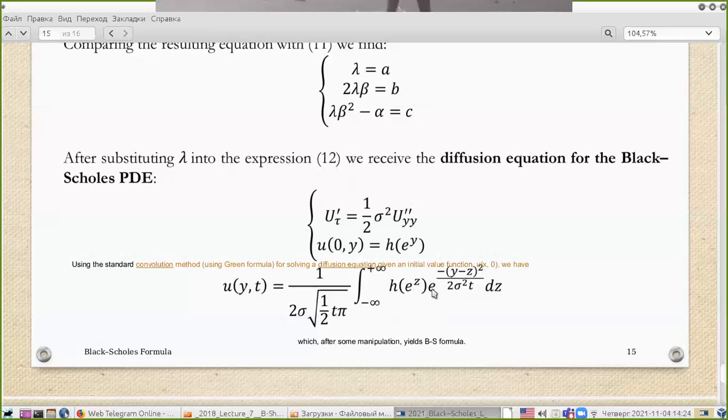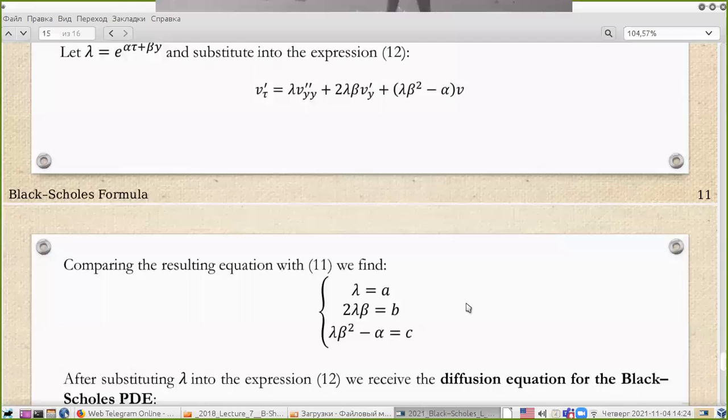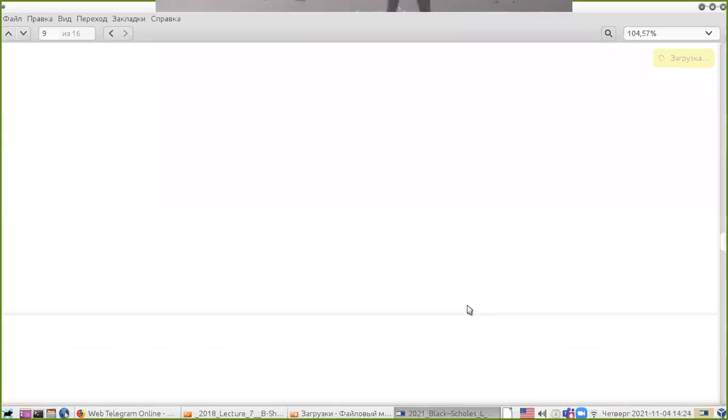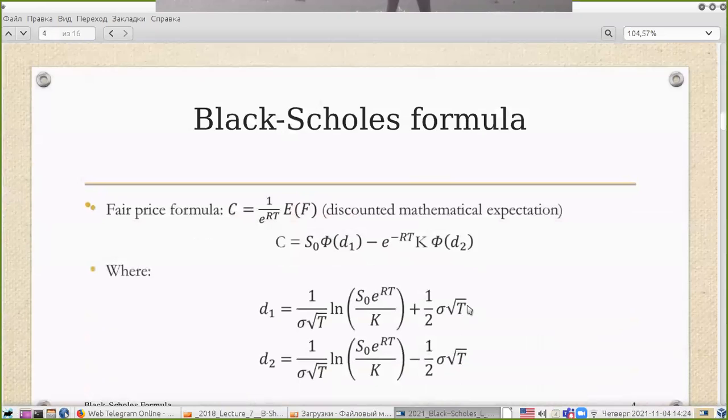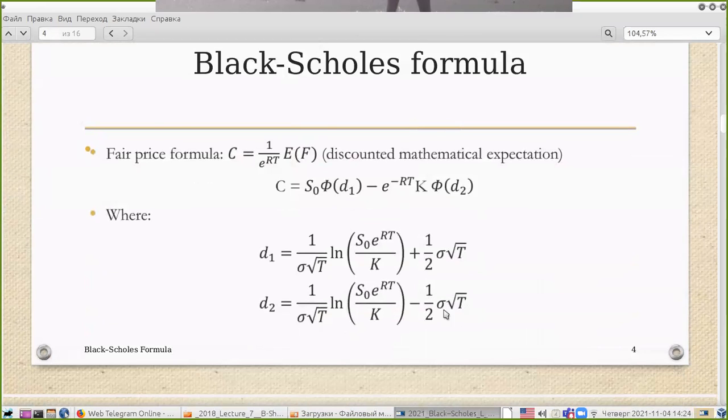But after some manipulation, we can get the Black-Scholes formula, in this form.